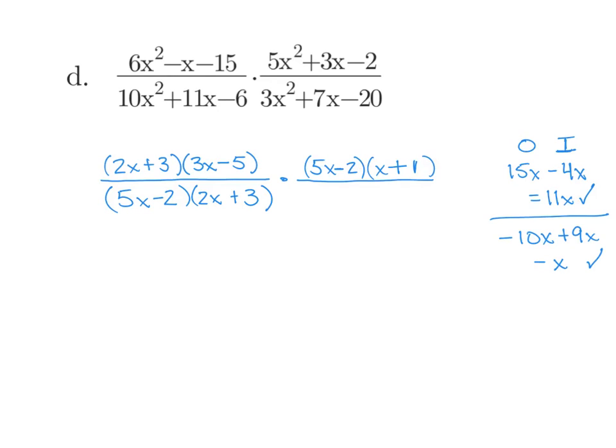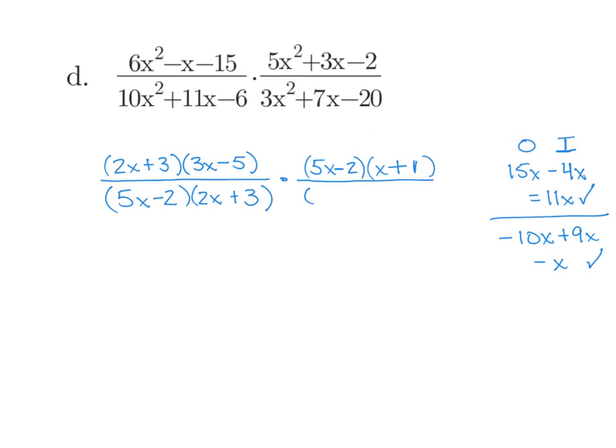Okay, now what are the chances this is going to work again? So now we want to come down to the bottom right, and let's try 3x minus 5. 3x squared, does 3x go into 3x squared? Yes. Does negative 5 go into negative 20? The answer is also yes.